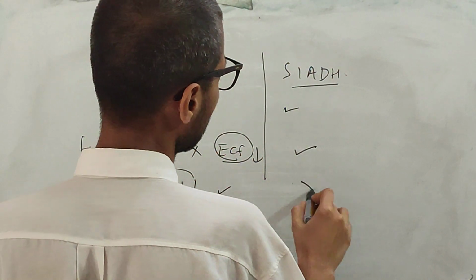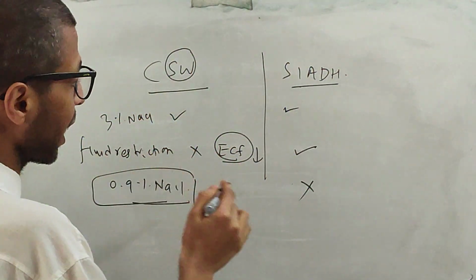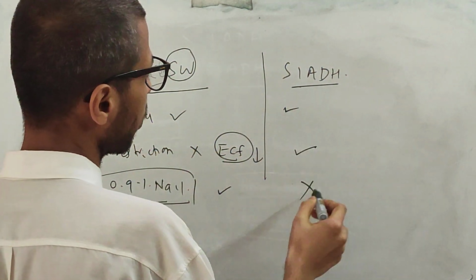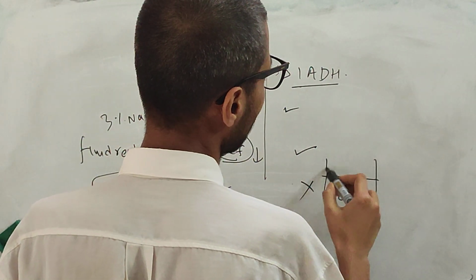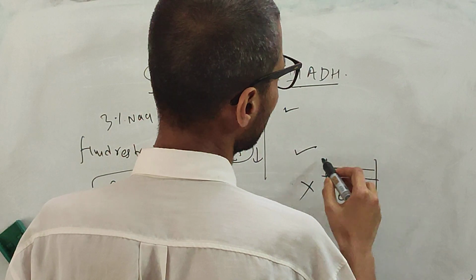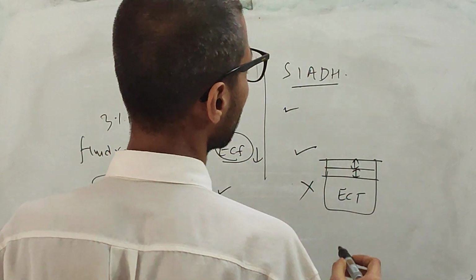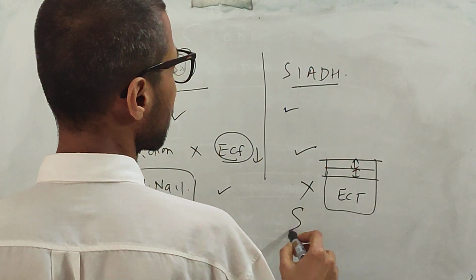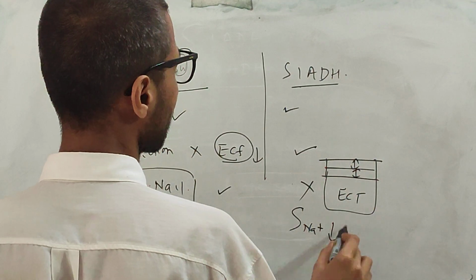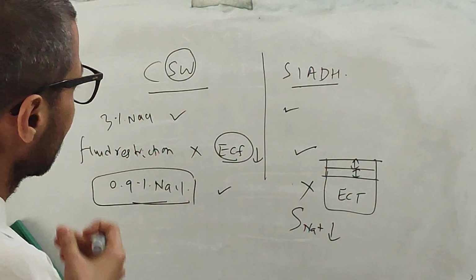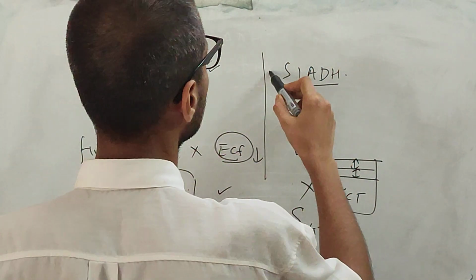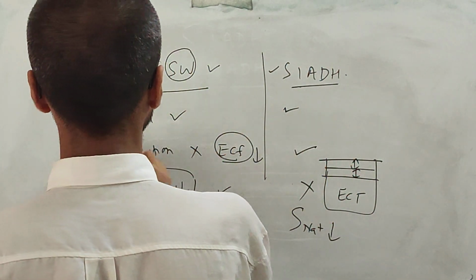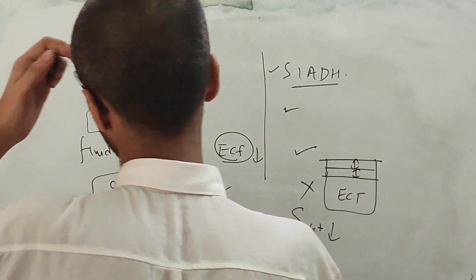In SIADH you don't give 0.9% sodium chloride, because the extracellular fluid compartment is already expanded, and if you expand it more, serum sodium falls more and the condition aggravates. When you are confused and don't know whether it is due to cerebral salt wasting or SIADH, you give 3% sodium chloride because it can be beneficial for both.